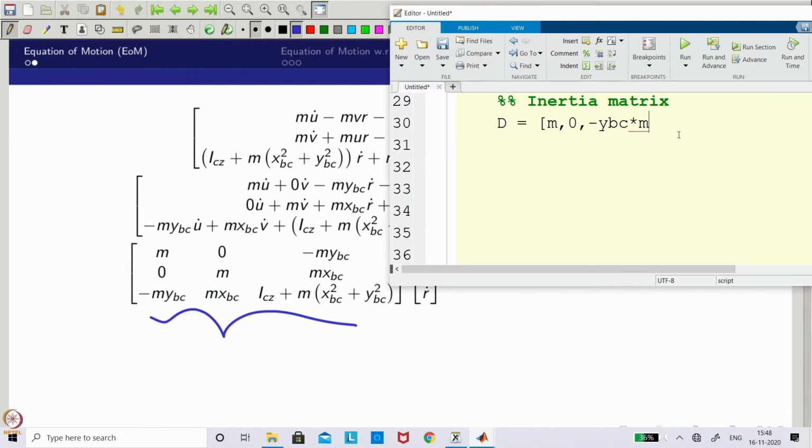Then the second one is 0 comma mass, then m into XBC, because we have taken it like that earlier. Then you have minus YBC into mass, then XBC into mass, then the final one is ICZ, which we have written IZ, plus mass into XBC squared plus YBC squared.